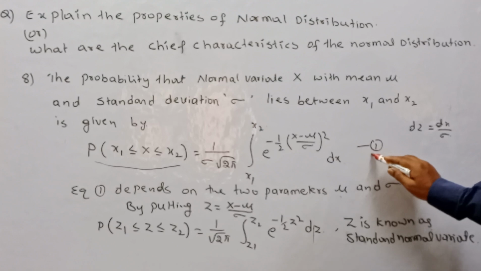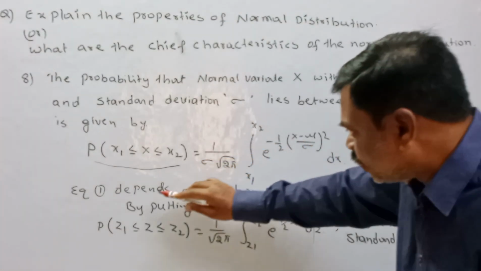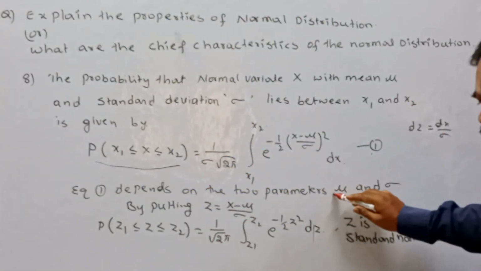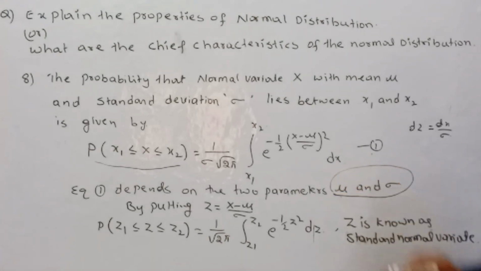This is equation 1, which depends upon sigma and mu.